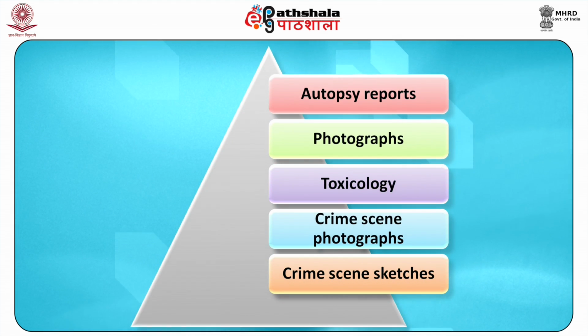Forensic information pertinent to the crime is also necessary. Autopsy reports, photographs and toxicology, as well as crime scene photographs of the area and the crime scene sketches help to provide a complete depiction.